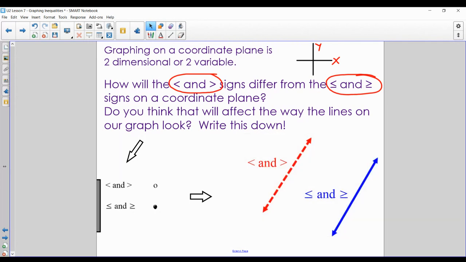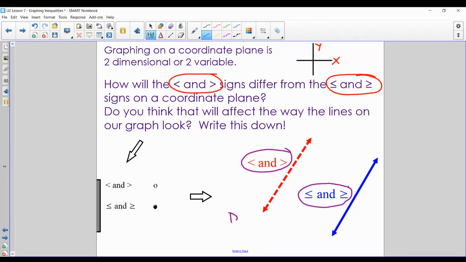Because it's not included, the less than or greater than without the equal to becomes a dashed line. The less than or equal to or greater than or equal to, because it includes the points on the line, is a solid line.